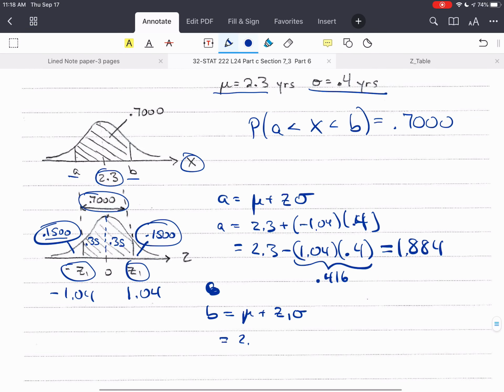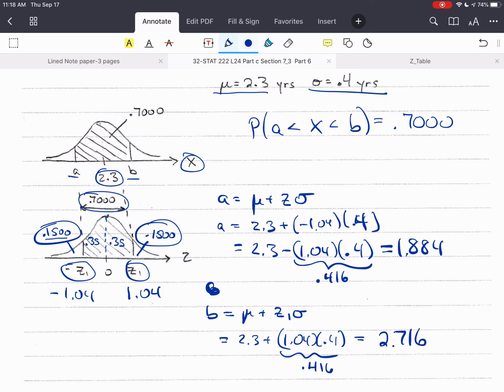So this is 2.3 plus 1.04 times 0.4, which gives me 2.716. So again, this is 0.416 above the mean.